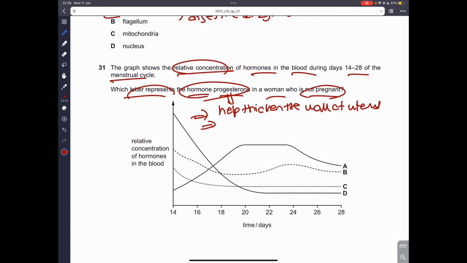So basically during day 14, the progesterone levels will increase, but then they will also decrease as time goes along. Why does progesterone decrease? Well, this is because the egg is not fertilized. If the egg were to be fertilized, then the progesterone levels would not decrease. It would actually increase like this. However, it's not the case here. So A is the correct answer, and that is the progesterone.